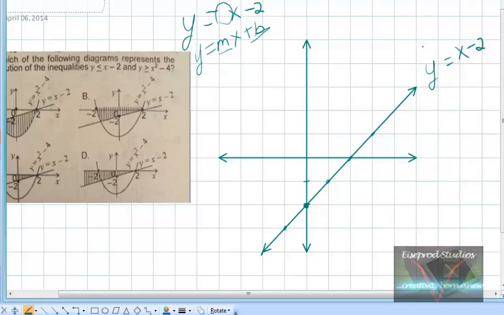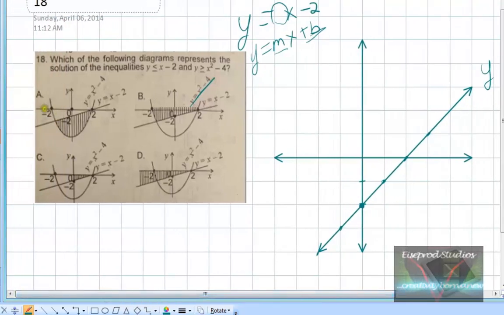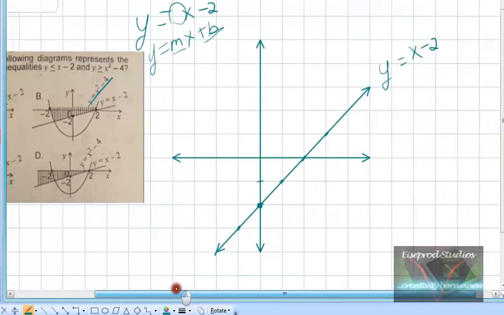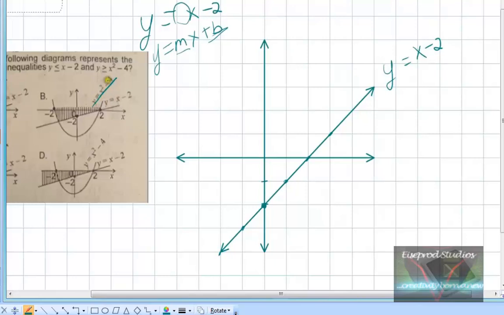Now we have this other curve, and this one is y is equal to x squared minus 4. And you'll see here that all of the pictures are the same, at least for the drawings of the lines themselves. And so we can trust that the line of x squared minus 4 will look like this.